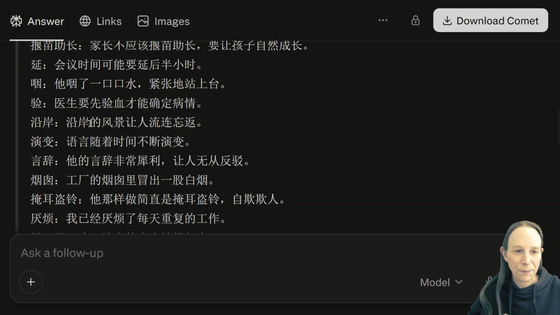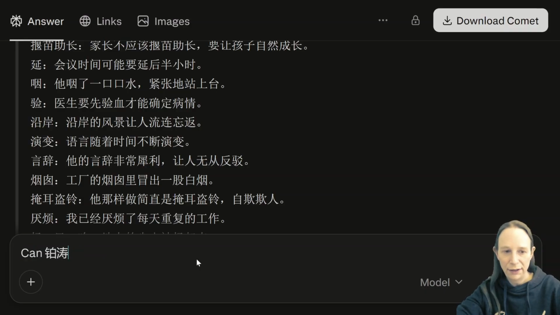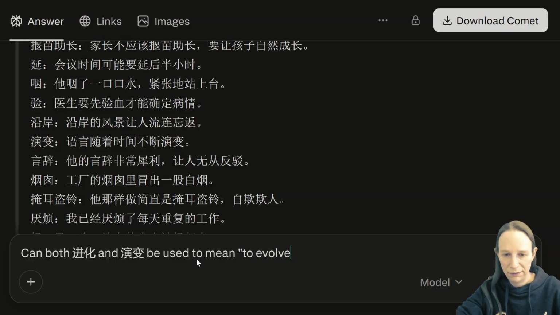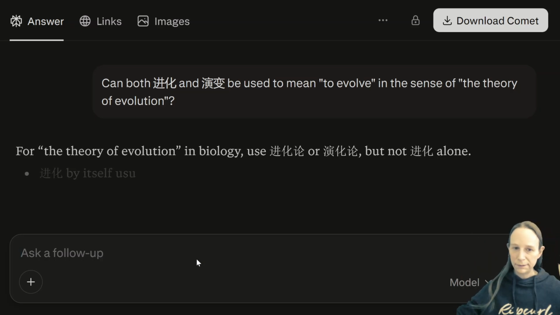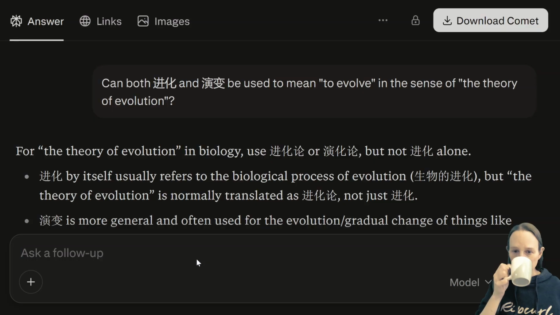Where were we? Yeah, I want to ask the AI. Can both 进化 and 演变 be used to mean to evolve in the sense of the theory of evolution? 演化.